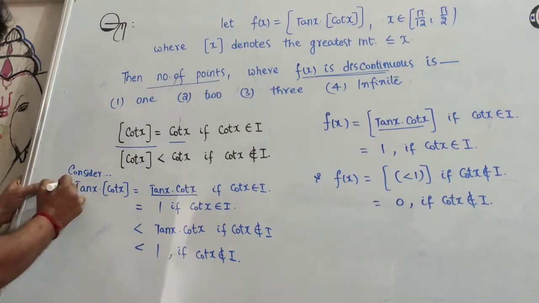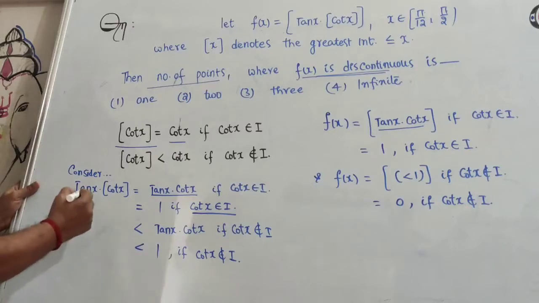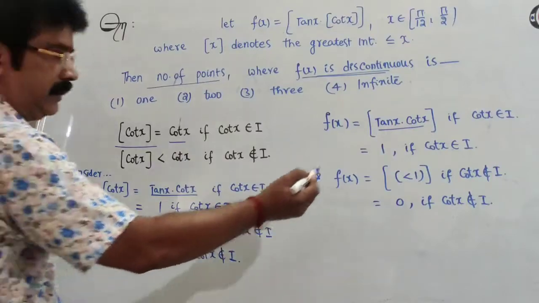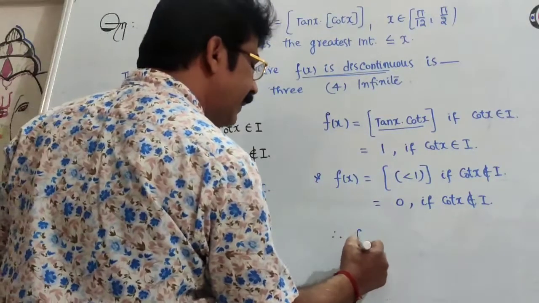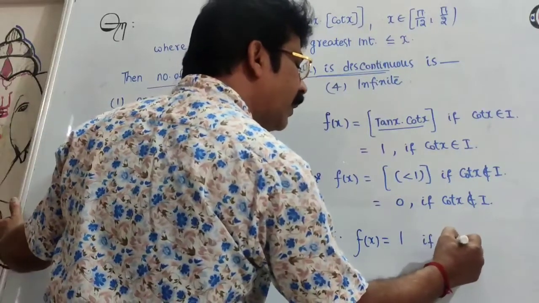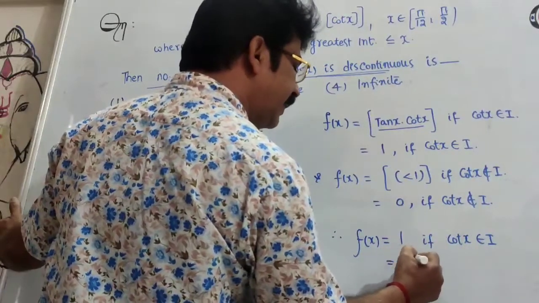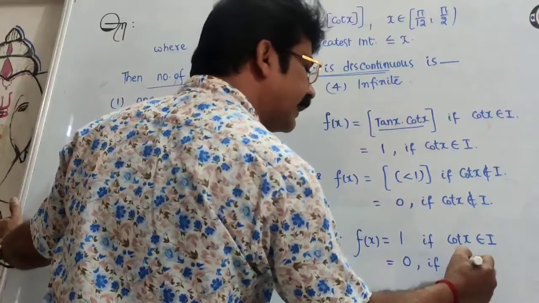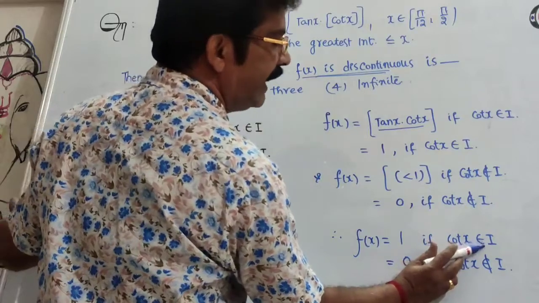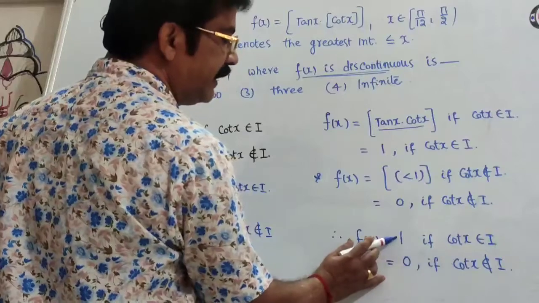So the floor is 1 if it belongs to I, and if it is less than 1, the floor is 0. So finally f of x is defined as 1 if cot x belongs to I, and 0 if cot x does not belong to I. One case belongs to I, the other case does not belong to I, and in both cases it is different.